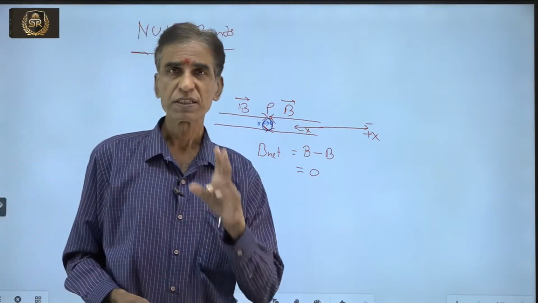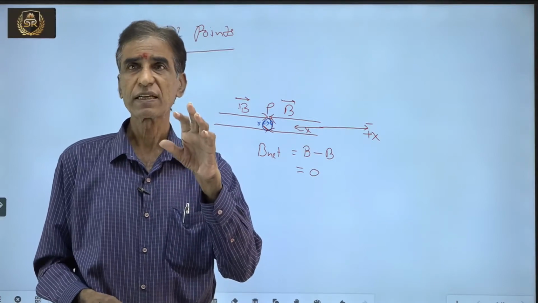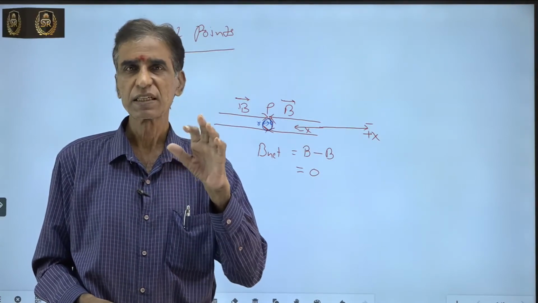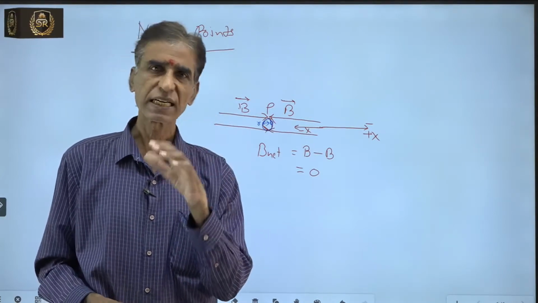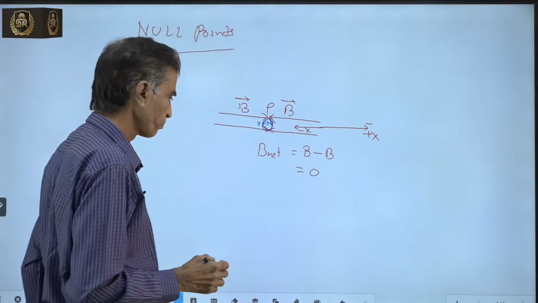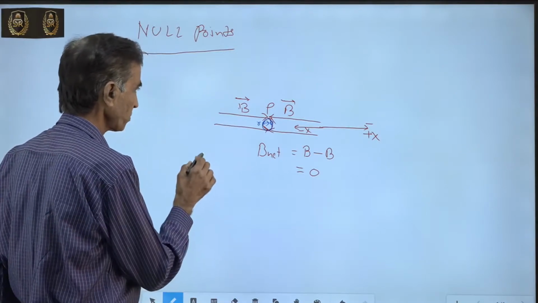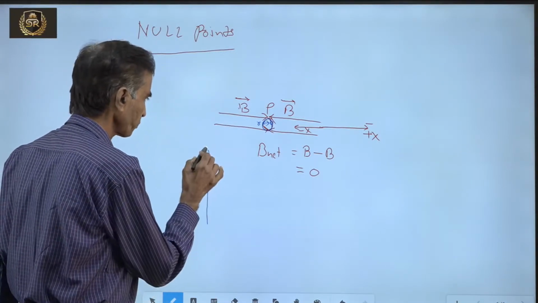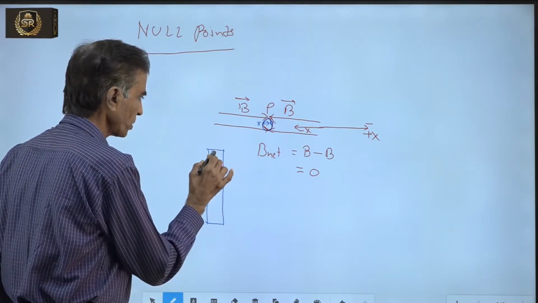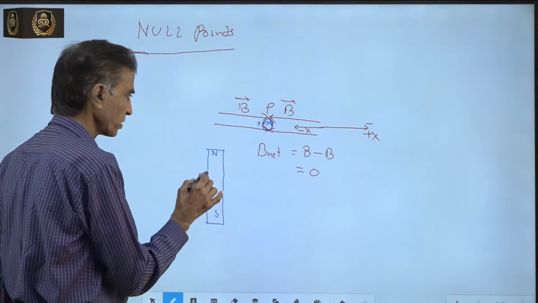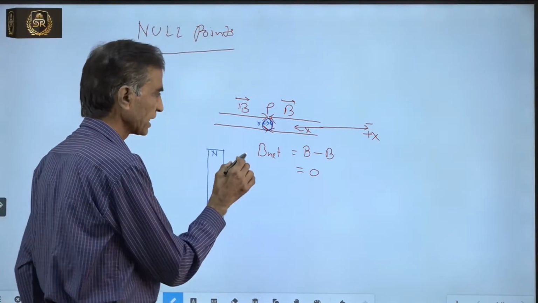So this null point we can use for two magnets, and also when one bar magnet is kept in the magnetic field of the earth. So two cases, and they may ask theoretical bits also. Suppose for example we keep a bar magnet, a short bar magnet here. The north pole of the bar magnet is pointing towards geographic north, because generally we take it like this, no?